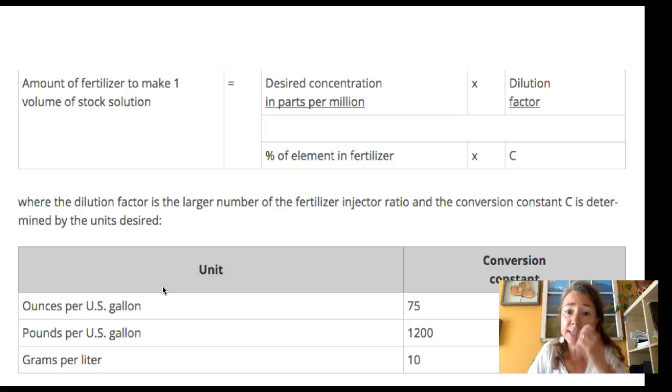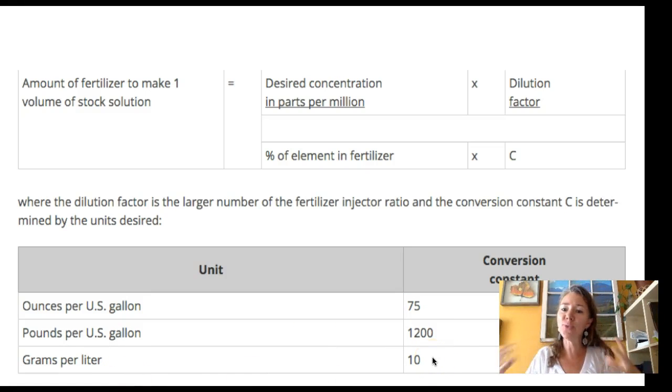Now your constant is actually based on the measurement. If I have my 15-15-15 fertilizer that is asking me to add in ounces, I would use 75. If I'm looking at pounds, I'm going to use the constant of 1200, and for grams, I'm going to use 10.